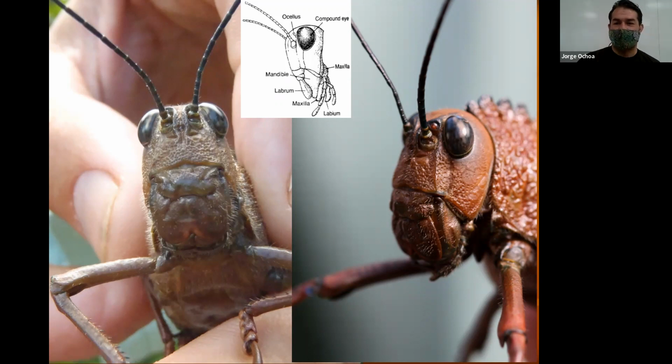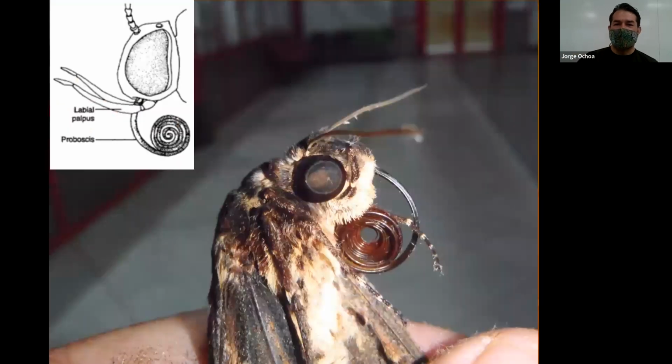This one has jaws. Grasshoppers chew leaves. So you can see what is referred to as sclerotinized, which means they're hardened or rigid because they have to chew a lot, sometimes maybe some twigs. So usually the jaws are going to be hard to be able to break down or chew their food.